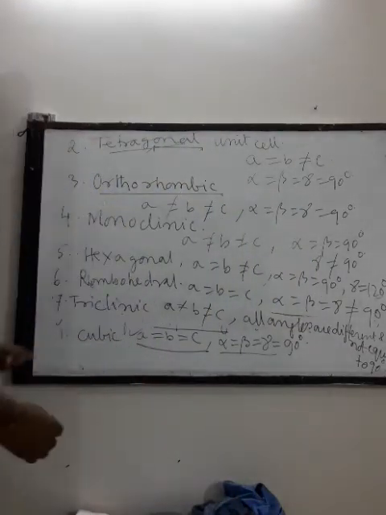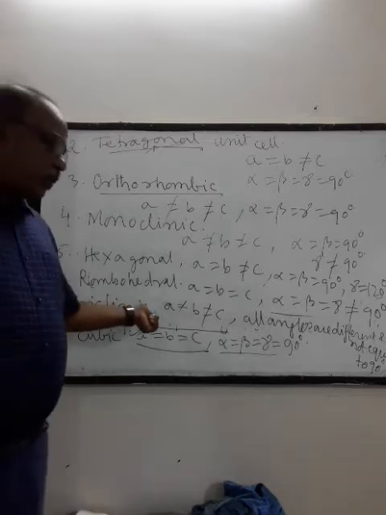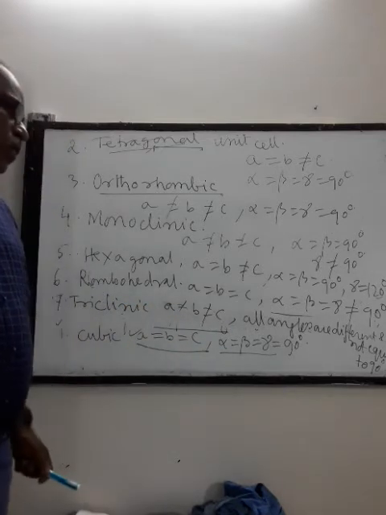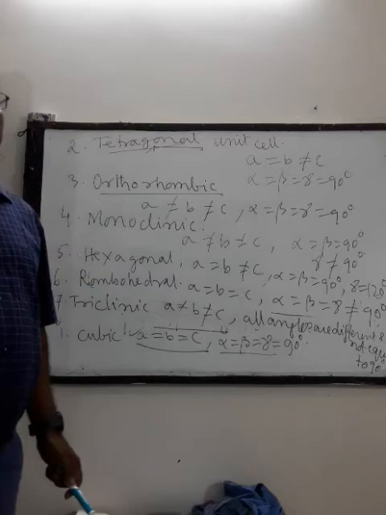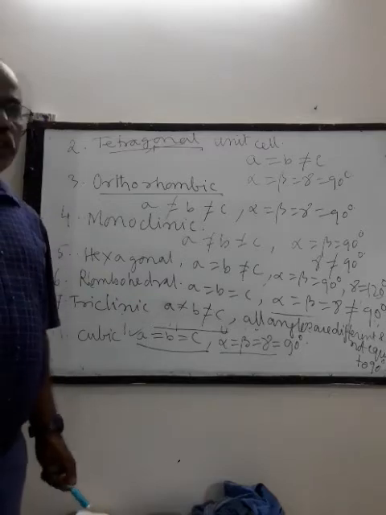So the last one is called triclinic. In this unit cell, all three sides are different, all angles are also different and not equal to 90 degree.